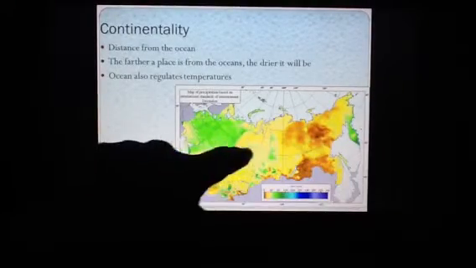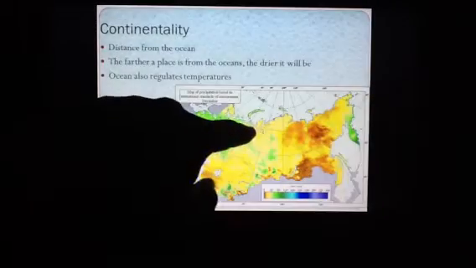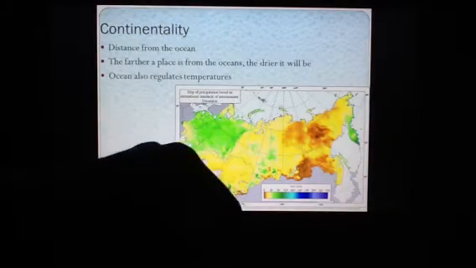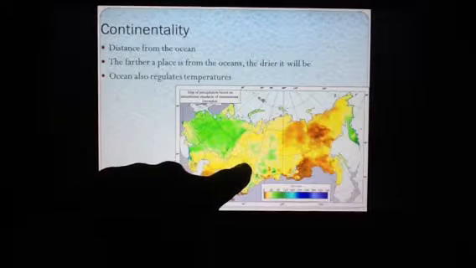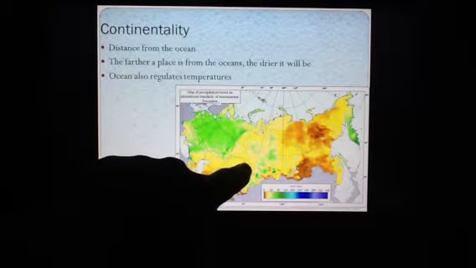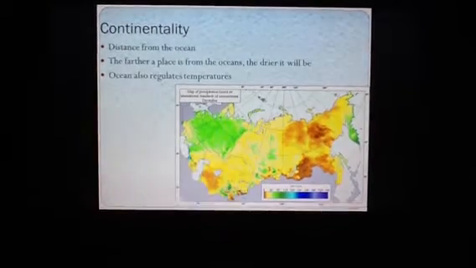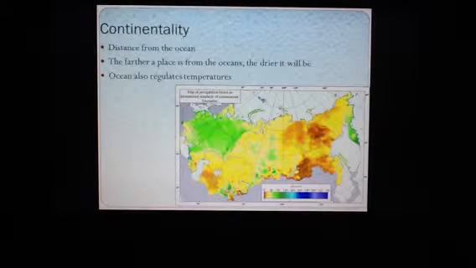This way, there's the Pacific, the Atlantic is way over here, the Arctic is up here, and the Indian is several thousand miles south of here. A place like this right here is so far from the ocean that the ocean cannot influence its weather. The farther a place is from the ocean, the drier it will be.